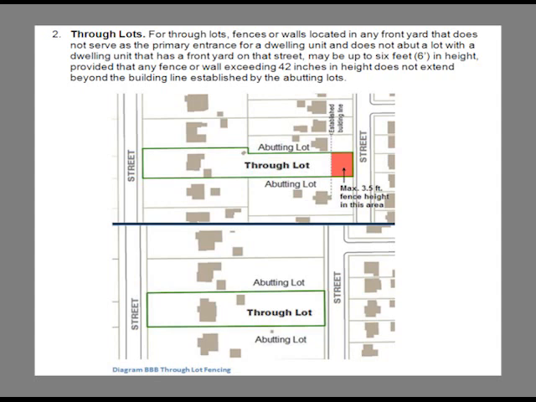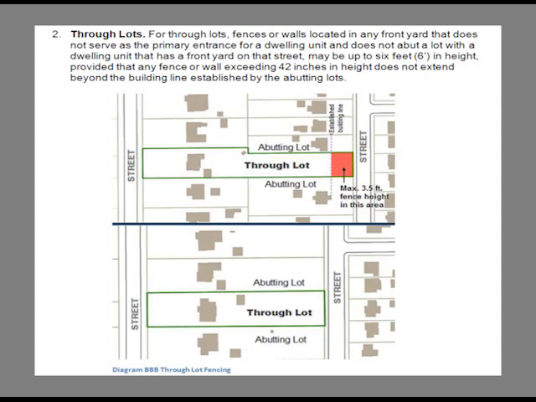This created some problems. So what we've done is we've added a provision that if you have the atypical circumstance of a through lot, that is to say frontage on two streets, the area that is adjacent to the backyard but extends beyond the established building line, you cannot have a 6-foot fence there.